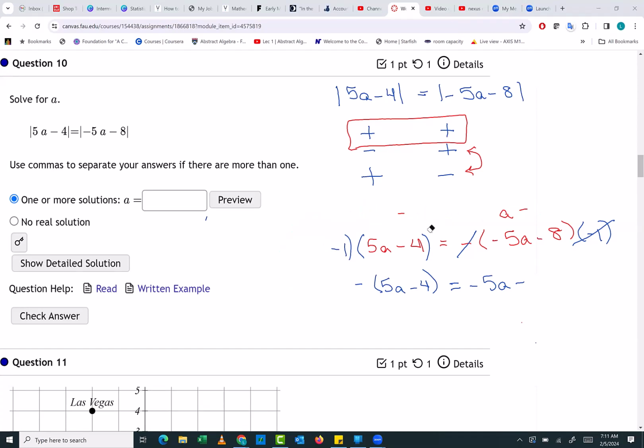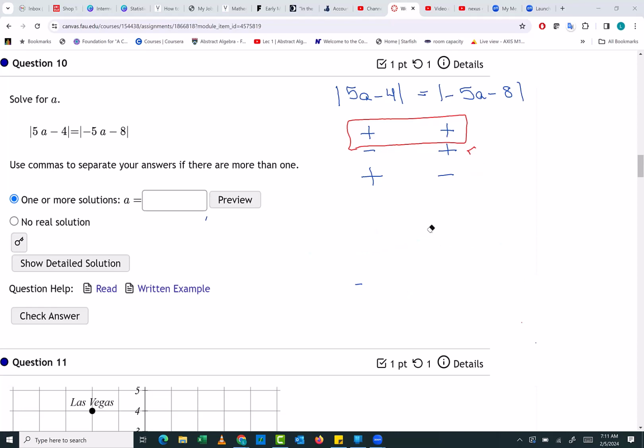I can just erase one of them, so I'm going to take this off. All I really have to do is do a plus and a plus. 5a minus 4 is equal to minus 5a minus 8. That's the plus and the plus. I'm assuming they're both positive. And now I'm going to solve.